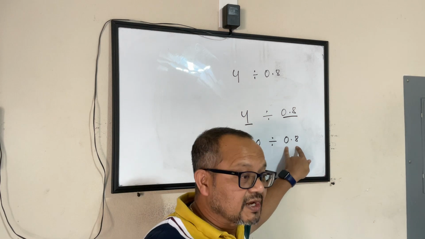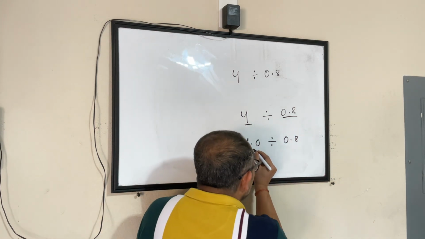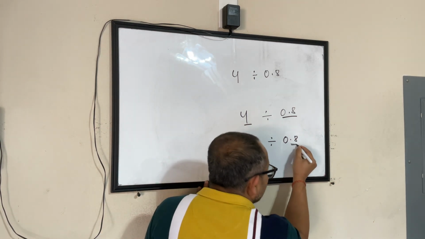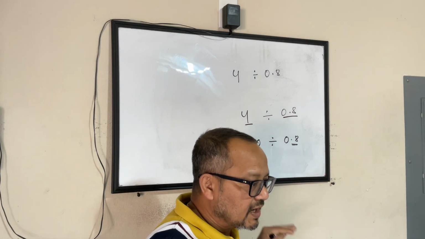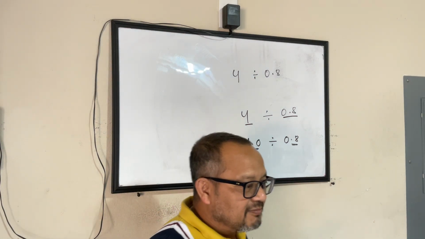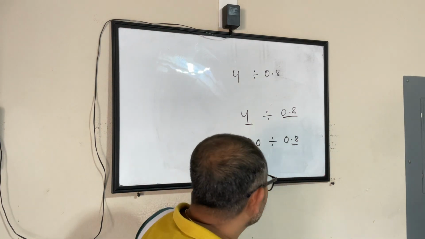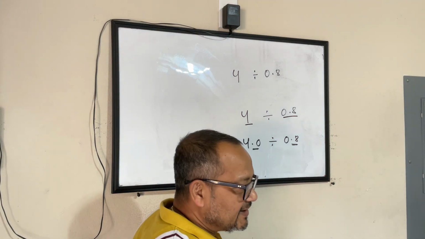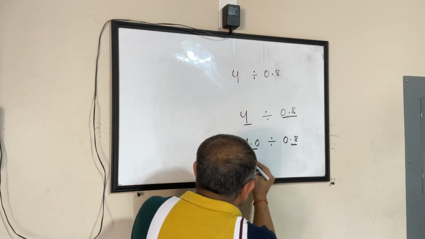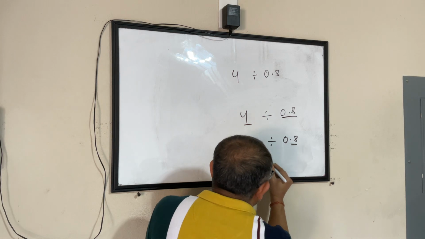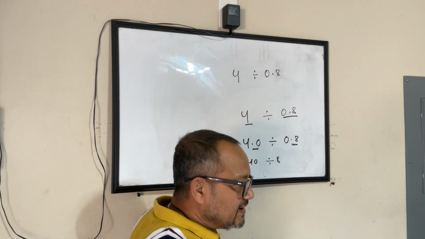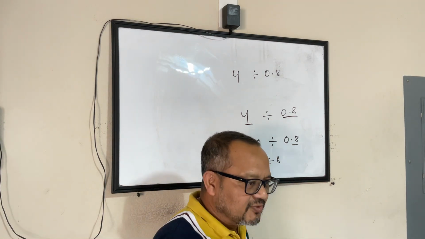This we can do because both have 1 digit after the decimal. Now, forget about the decimal. Meaning, now you're talking about dividing 40 by 8, and find out how much it is. 40 by 8 is how much?